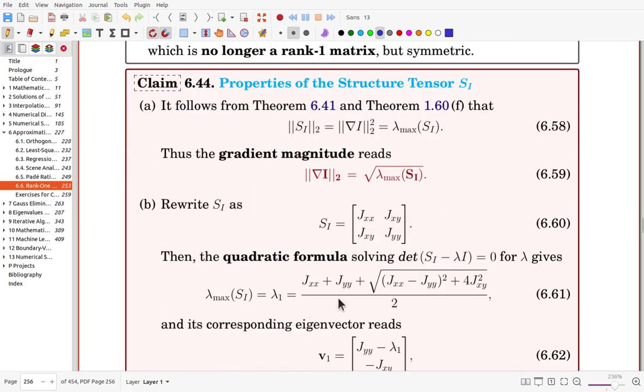Now let's try to find the eigenvalues of this matrix by solving the characteristic equation, determinant of S minus lambda I equals 0. This is a quadratic equation for lambda, and by using the quadratic formula, we can find the larger eigenvalue in this way.